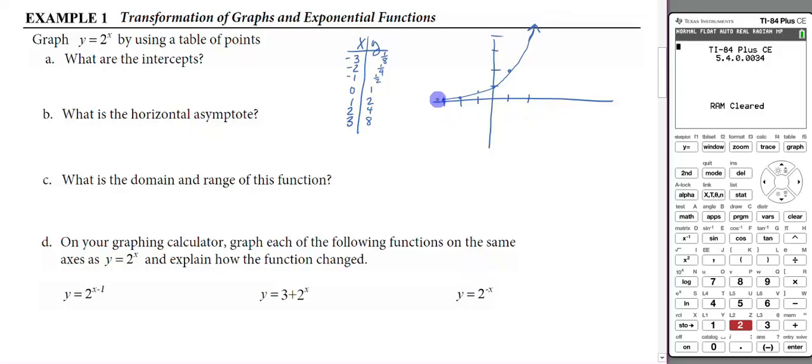And to the left, what's going to happen? Even if we would put something like an input of negative 5, that's 1/2 to the 5th, which is 1/32. It's very small. It's just going to continue to get closer and closer to that x-axis. But you know, it never reaches it. There's never a negative enough exponent that I could put on that causes the function to have an output of 0.